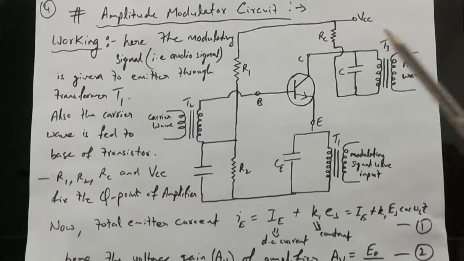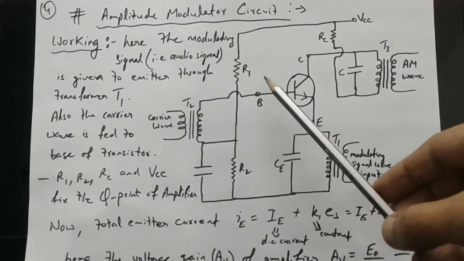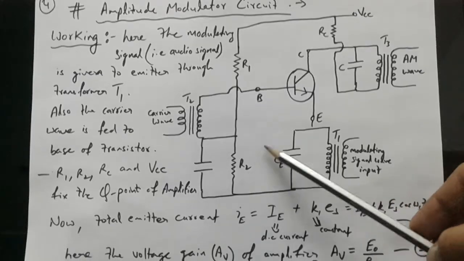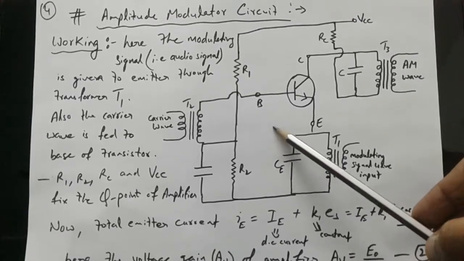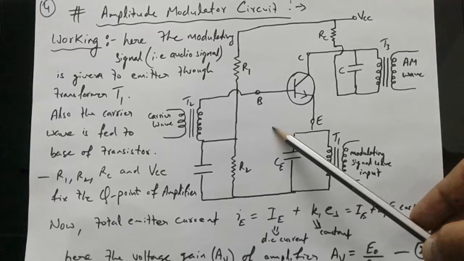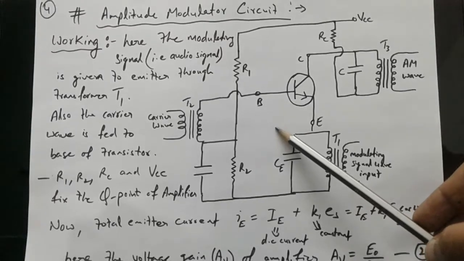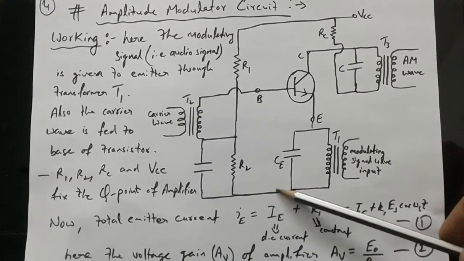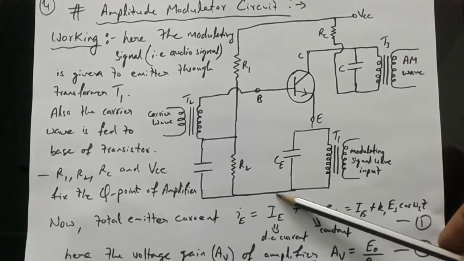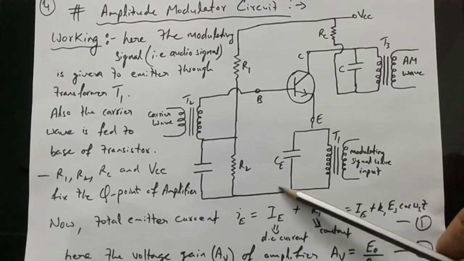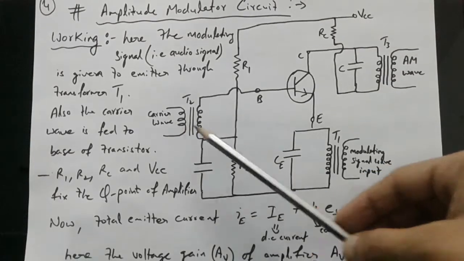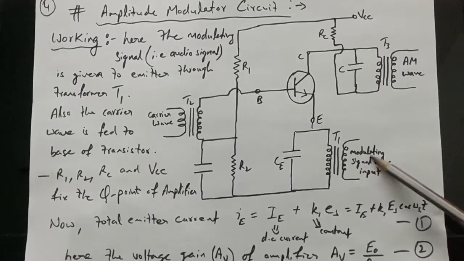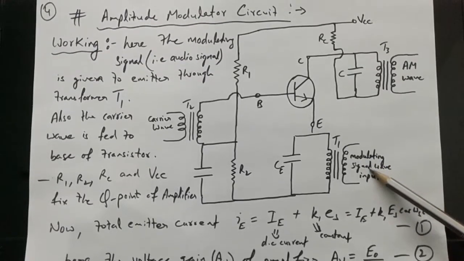Now in this article we will discuss the circuit which is used for amplitude modulation. So this is the circuit which we use to modulate the carrier wave according to the instantaneous value of the modulating signal.